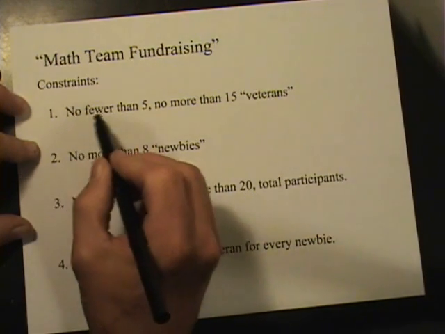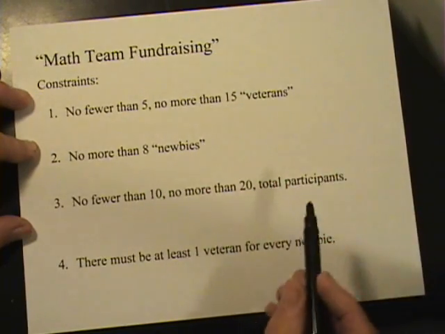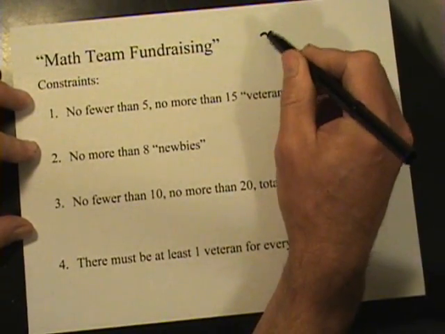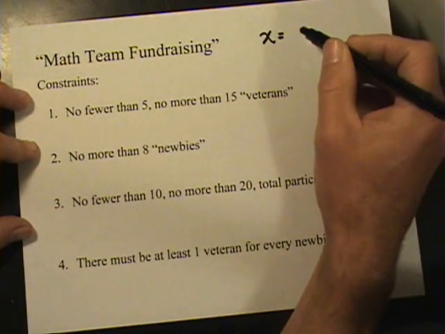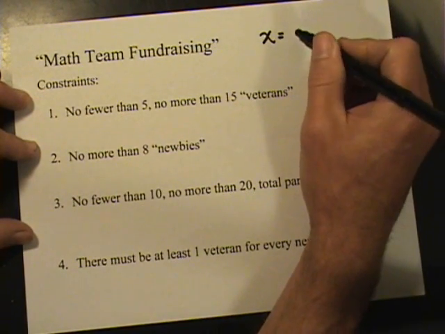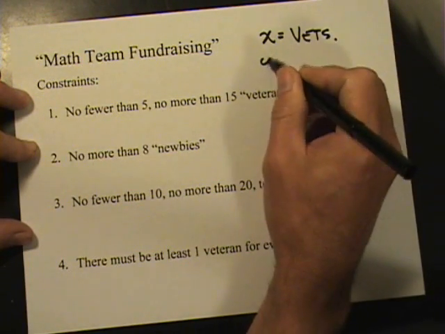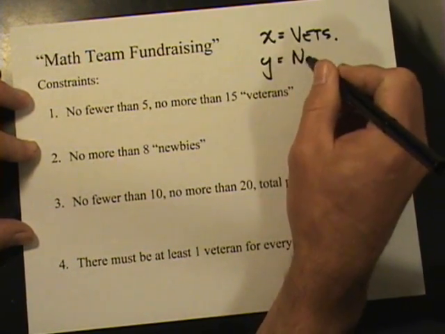If it says no fewer than 5 and no more than 15 veterans, we're going to assign our variables: x is going to represent the veterans, and y will then be the newbies.